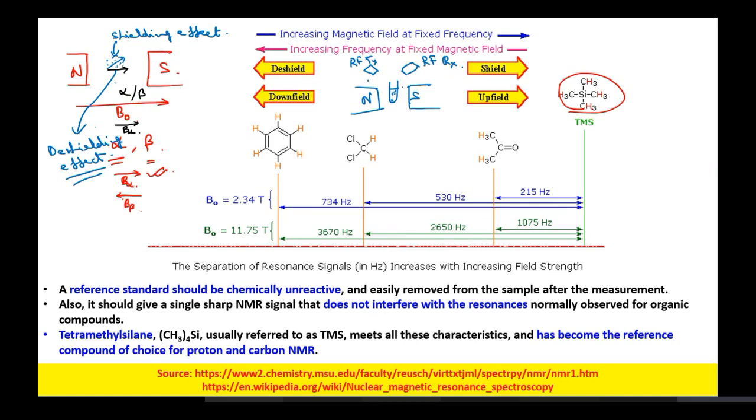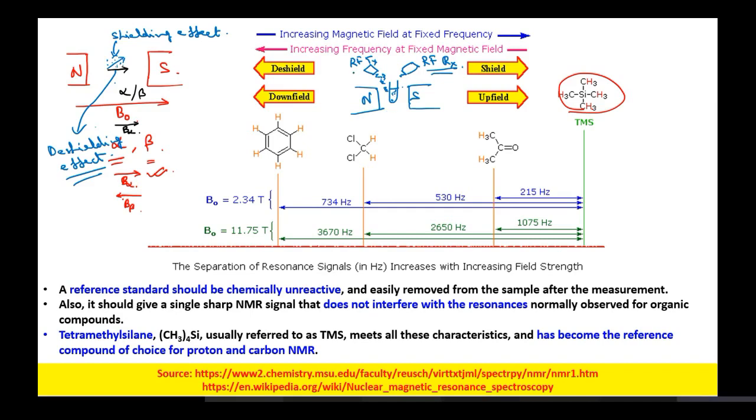As I told you, this RF transmitter will transmit radio frequency waves in bursts or in pulses, and during the off time, the RF receiver will be active and will be receiving the signals from the sample.